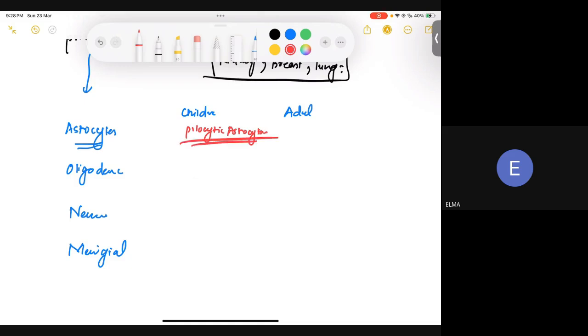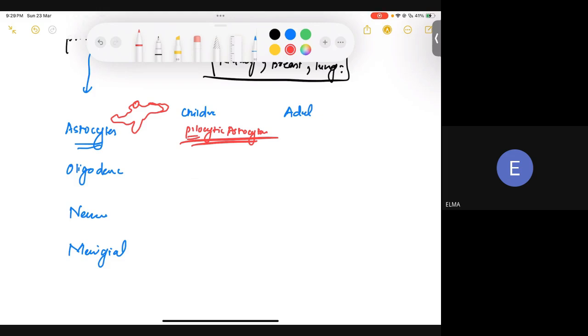The word pilo, you guys are already aware, the astrocytes are a kind of star-shaped cell. So the pilocytes are simply these projections, or the foot processes, of the astrocyte. They are star-shaped cells which also help in formation of your blood-brain barrier, right? So that's why they are known as pilocytic astrocytoma, right?